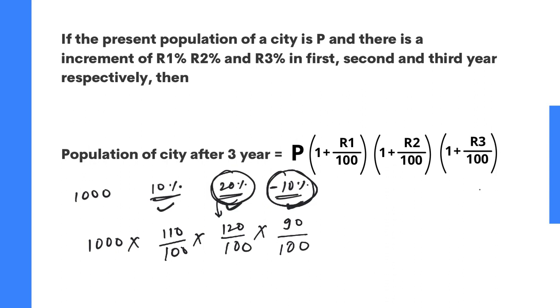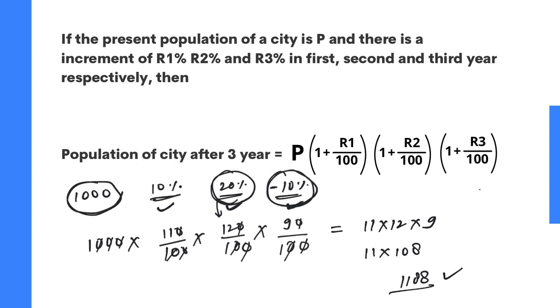Now solve this one. 0 to 0, 0 to 0, cancel the zeros. Now multiply all the values. 11 into 12 into 9. So 11 into 12 into 9 is 1188. If the population was 1000 earlier, now the population is 1188, right?